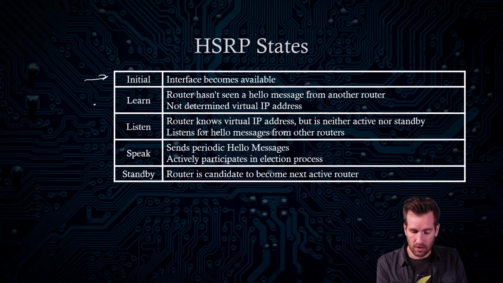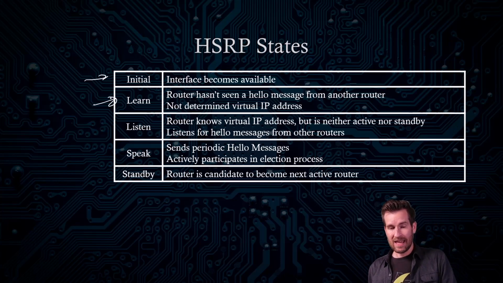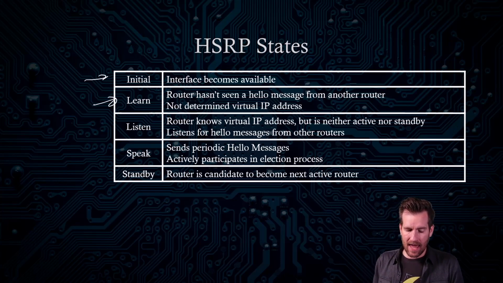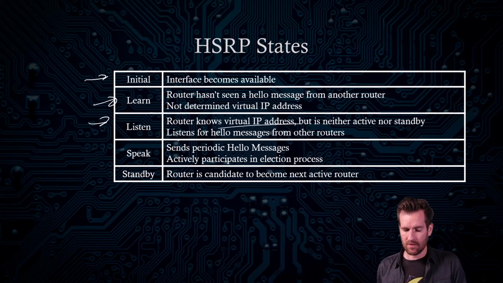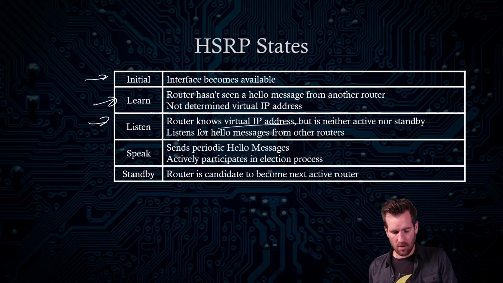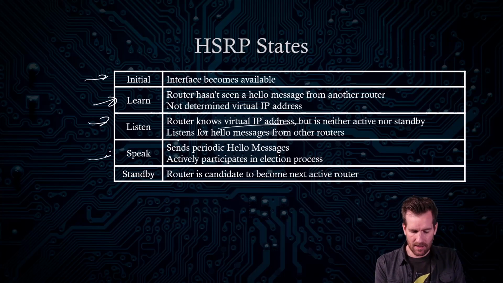It gets into the learn mode where it hasn't heard a hello packet at this point in time, and it hasn't determined the virtual IP address yet. It goes into the listen mode as soon as it knows its virtual IP address, but still has not received a hello packet yet. Then it starts to speak.